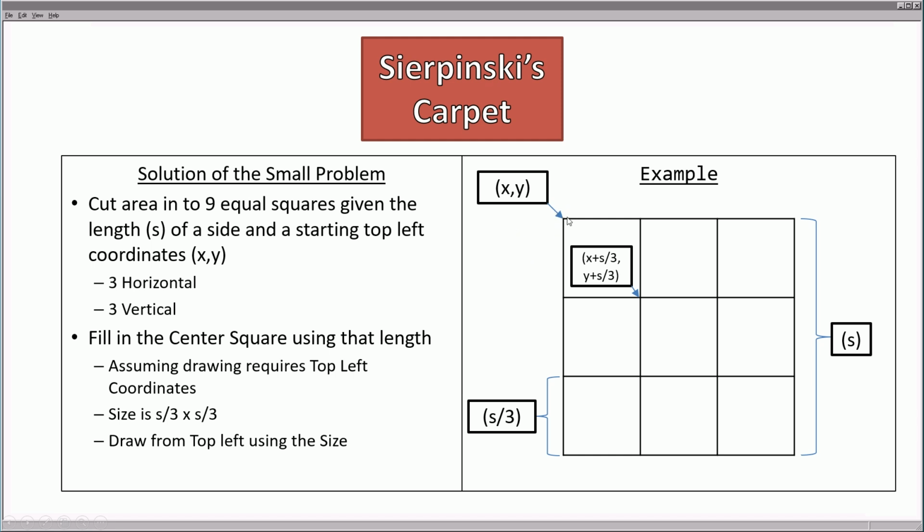If we assume that this y-coordinate starts here and y increases downwards, then in order to get this position right here, we take this starting y-coordinate, here is our origin, and add 1/3 of that side, getting this position. And this is how we can calculate this coordinate right here.